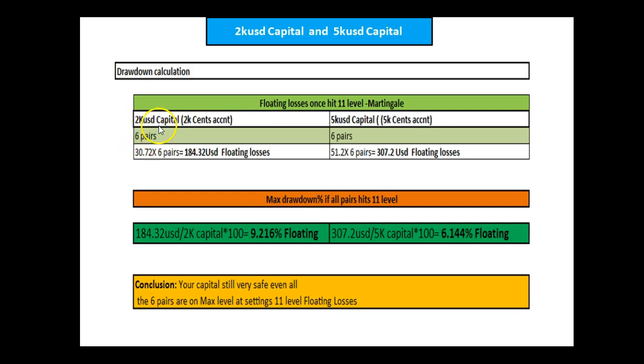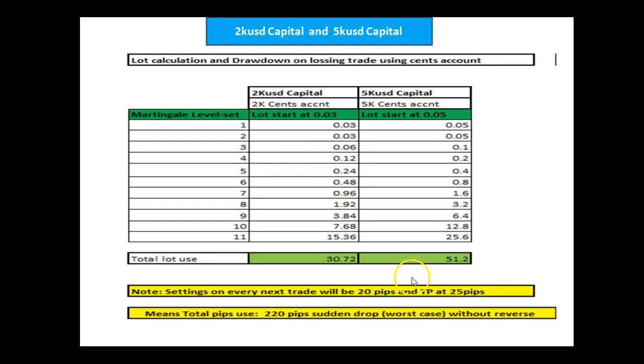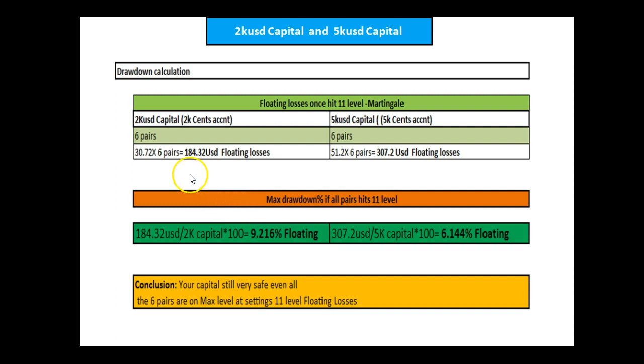So we're still using 6 pairs, and your total lot size here will be 30.72 multiplied by your 6 pairs. So it means you are losing floating losses of about 184.32 US dollars.